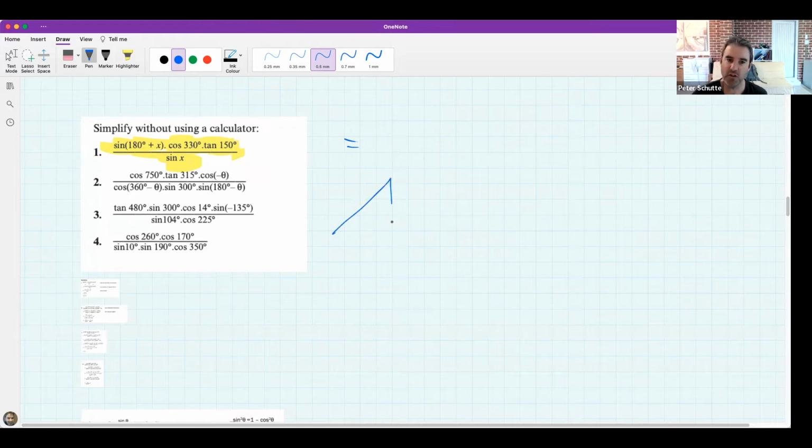So don't forget, you can still simplify it further. You can also evaluate certain things without using a calculator. That was sort of the key word. You want to still evaluate those parts.